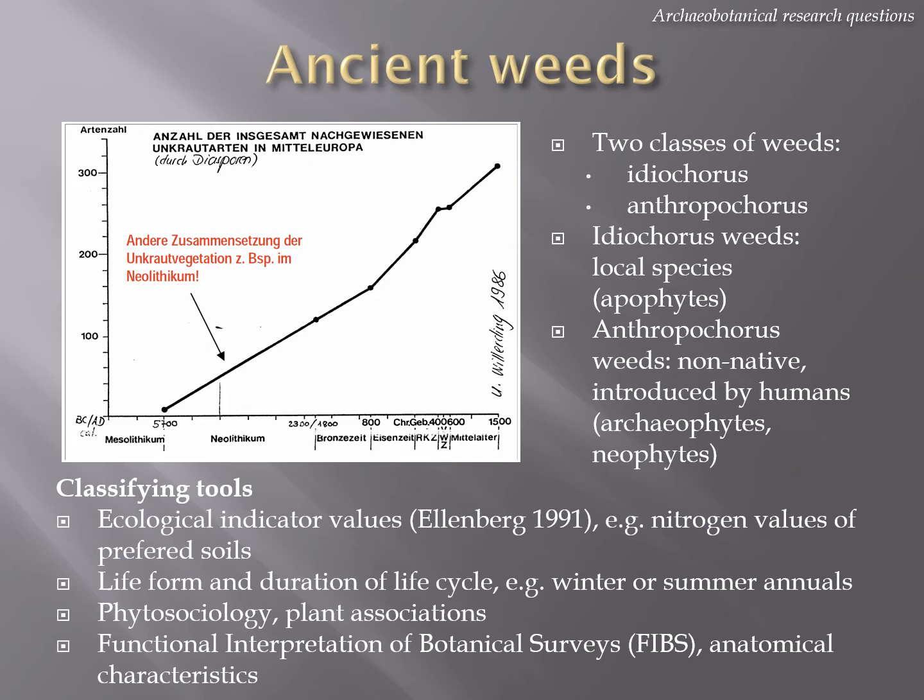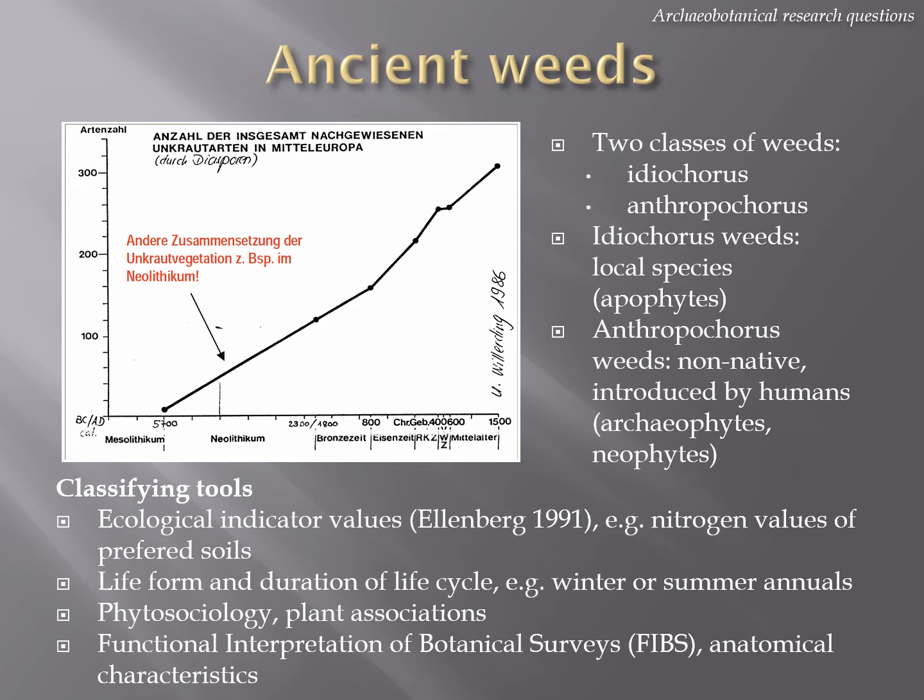Where do weeds originate from, and how can we know that a taxon represents an ancient weed? There are two classifications for weeds, the idiochorous and the anthropochorous weeds. Idiochorous weeds are originally local species. Some of them may be epiphytes, that is, they have been unconsciously fostered by humans, for example through tree cutting.